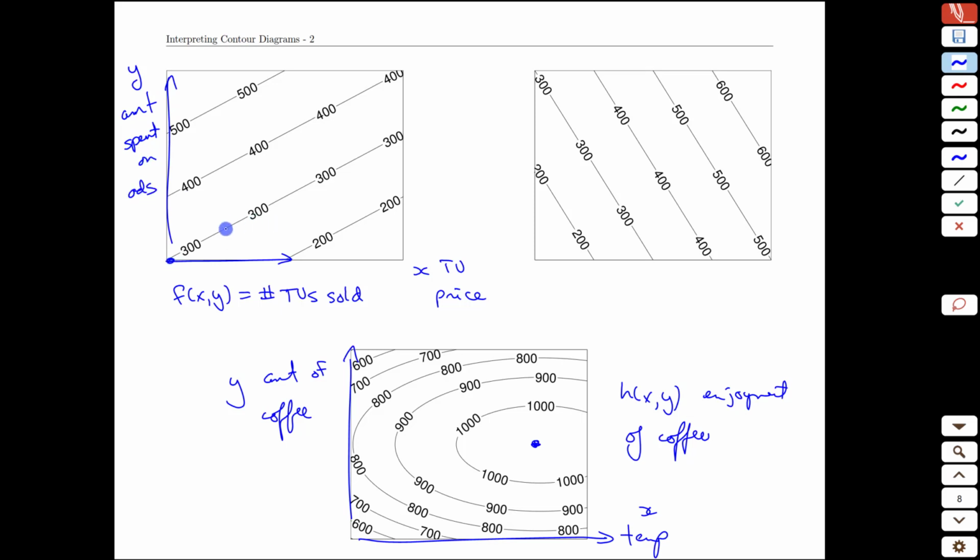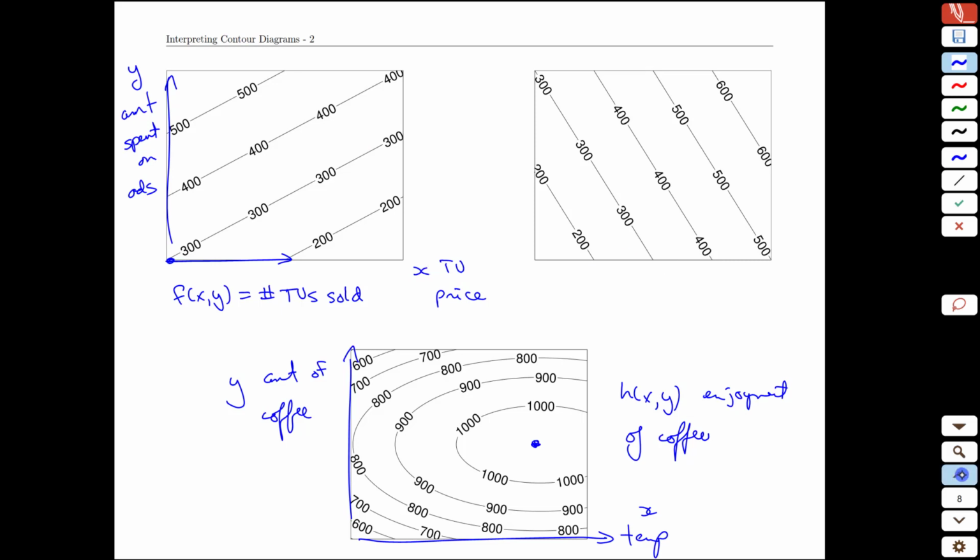And we can see no matter where we are, if we increase our amount spent on advertising, we move up and we change contours from a lower number to a higher number, which represents more TVs sold. Opposite, anywhere we pick, if we increase our x, we're going to go from more TVs sold to fewer TVs sold, because increasing the price cuts into demand and sales.